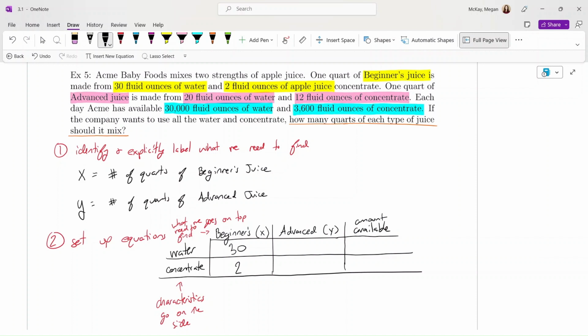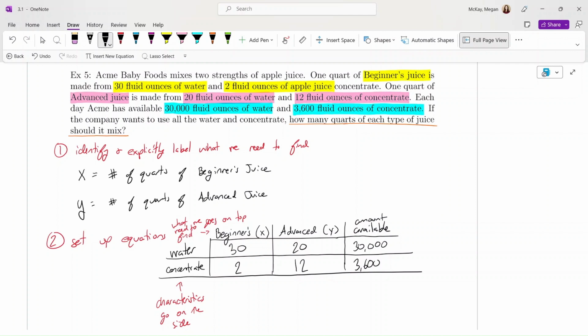Advanced juice uses 20 fluid ounces of water and 12 fluid ounces of concentrate. The amount of water that Acme has available in a day is 30,000 fluid ounces, and for concentrate, 3,600 fluid ounces.